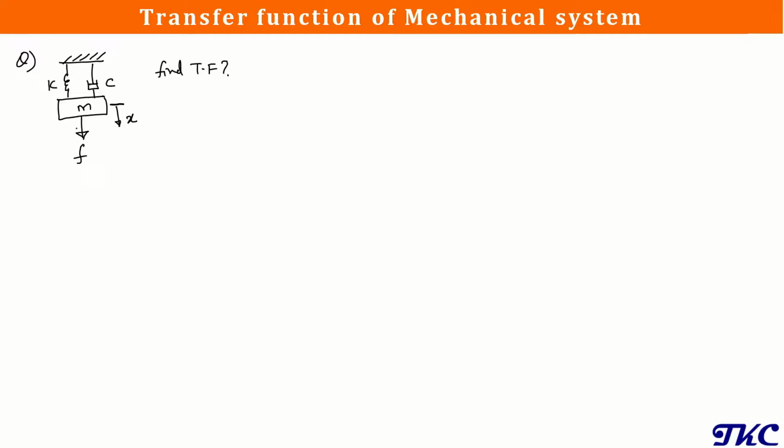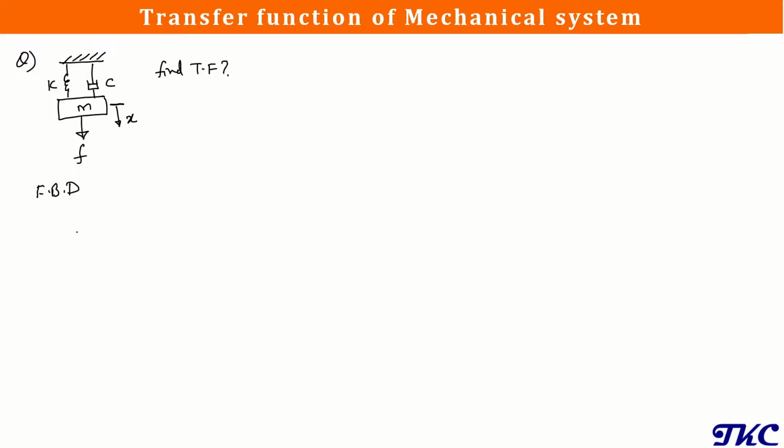Whenever we have this kind of system, we need to draw the free body diagram. We need to represent the mass and all the forces acting on that mass. After that we can apply the physical law that it is following, and based on that we can get the mathematical model. So let's first draw the FBD, the free body diagram.